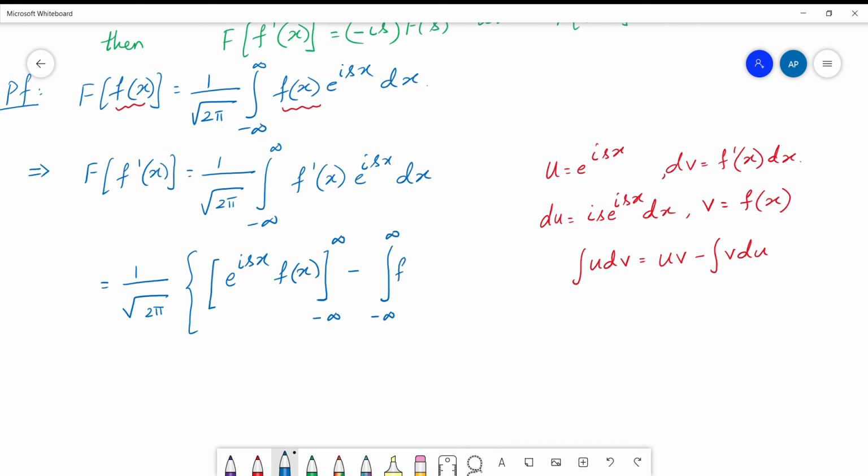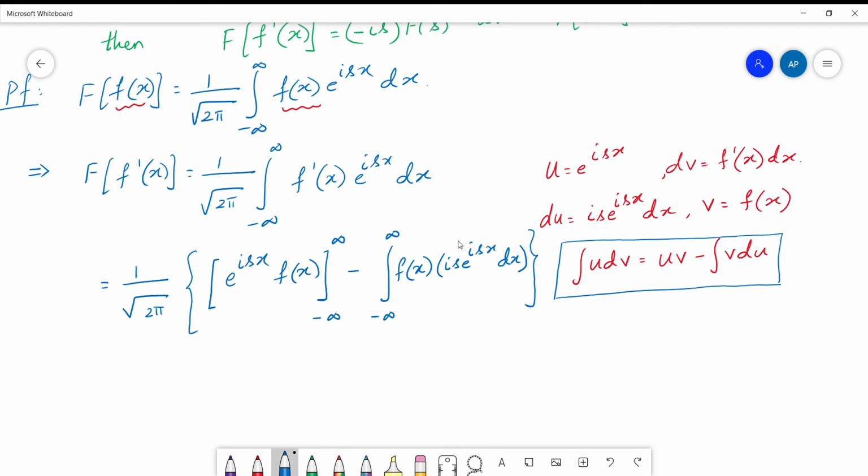So it is f of x into is into e power isx dx. I have written this using the formula as mentioned, integral u dv is uv minus integral v du, applying the expressions for u, v, du and dv.